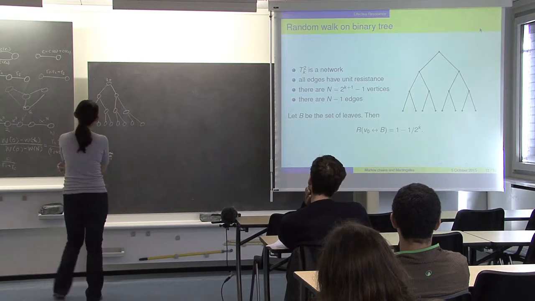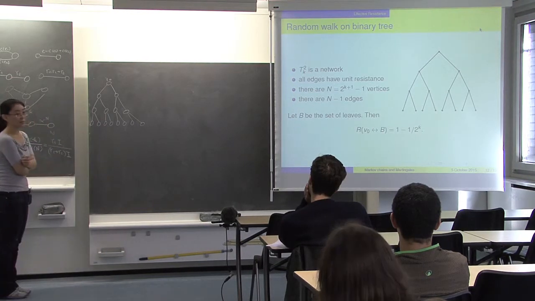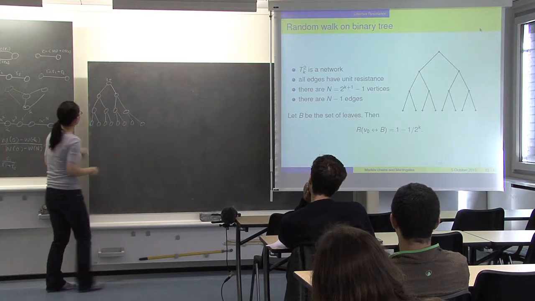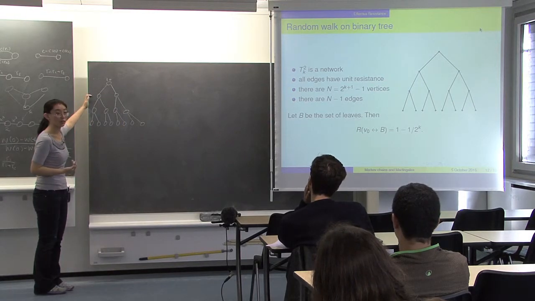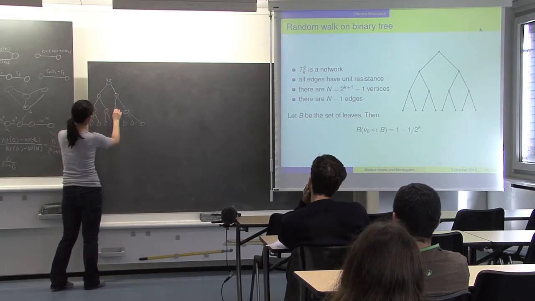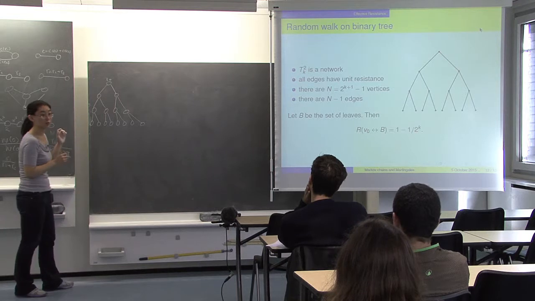Okay, so first, since this graph is highly symmetric, we can see that the vertices at the same level have the same voltage. The vertices on this level all have the same voltage.